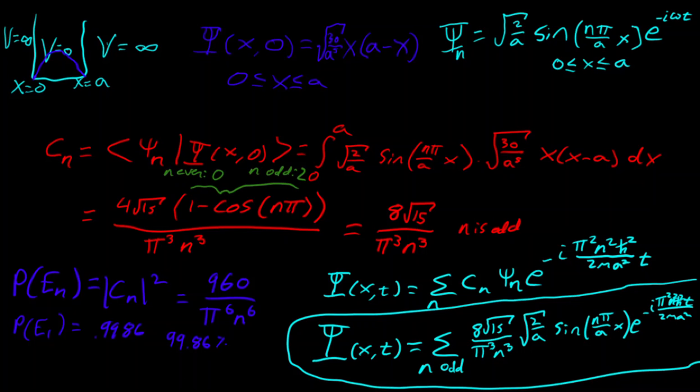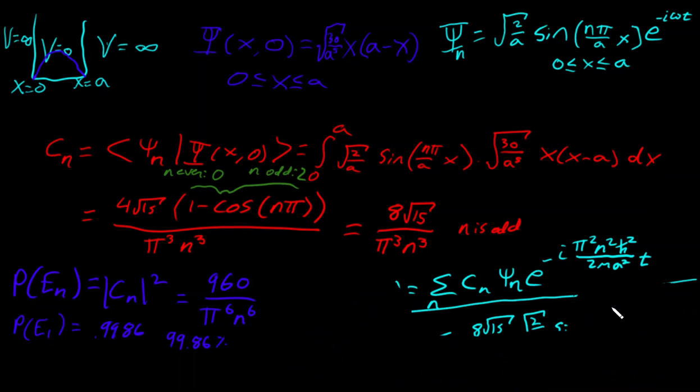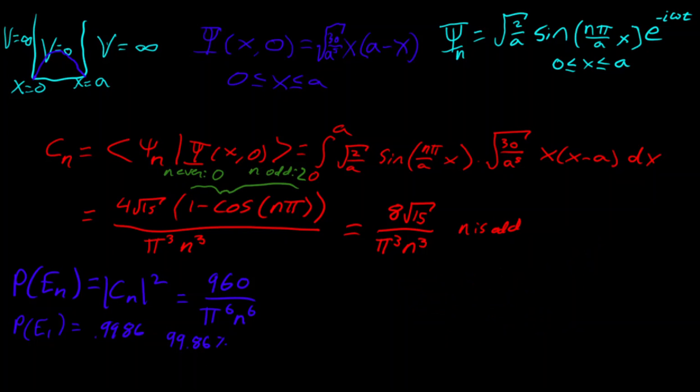Now, one other interesting thing that this gives us, and I really don't want to erase our general solution, so make sure you have that written down, but I have to erase it for some space. Another cool thing this tells us, which you can confirm, and this is just a really cool fact of math, is we know that the sum over all possible n, in this case n odd only because all the other cn's are 0, of cn norm squared equals 1.